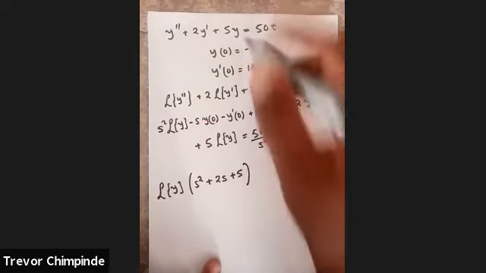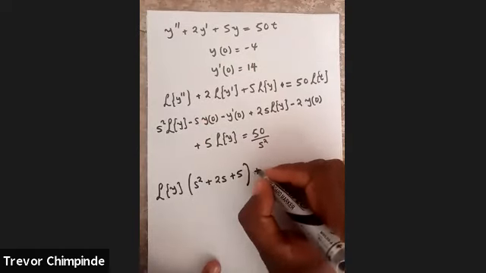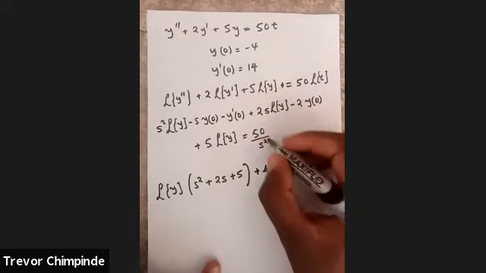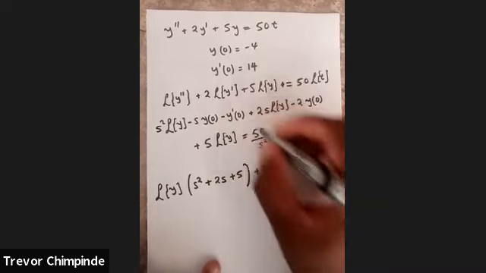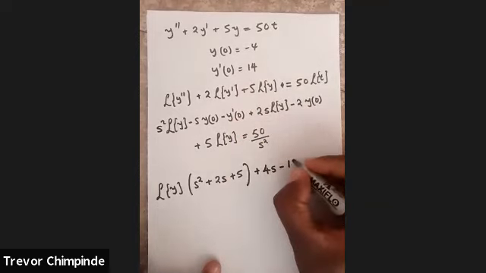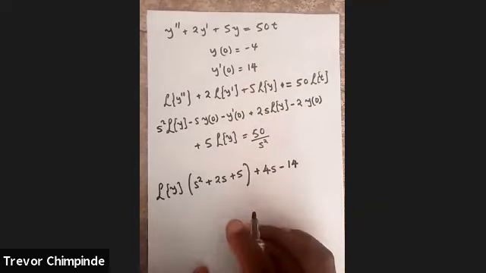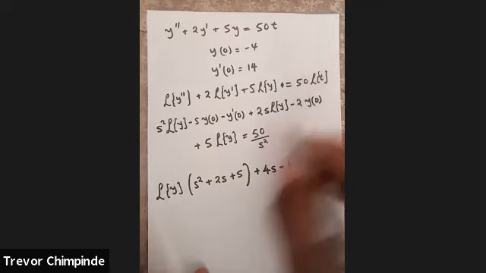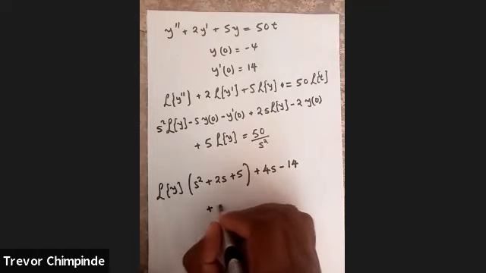Because y of 0 is negative 4, this is going to be plus 4s, then minus 14, since y prime of 0 is 14. We also have this one: y of 0 is negative 4, so plus 8.